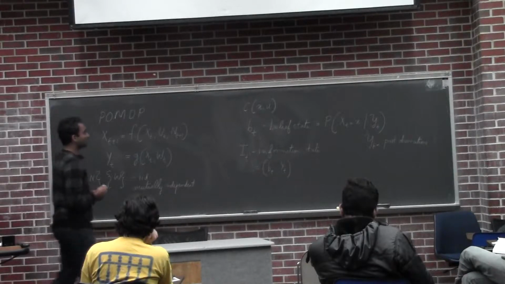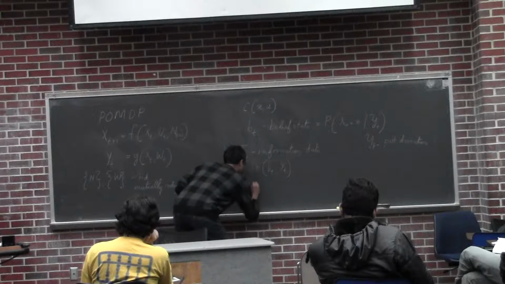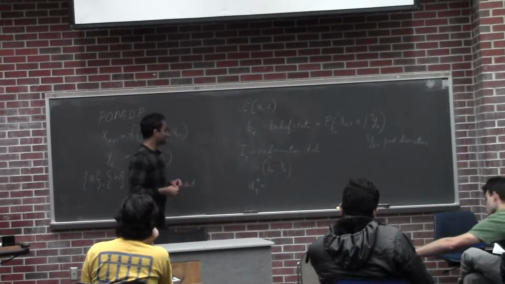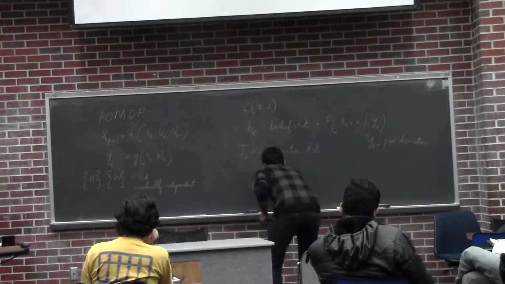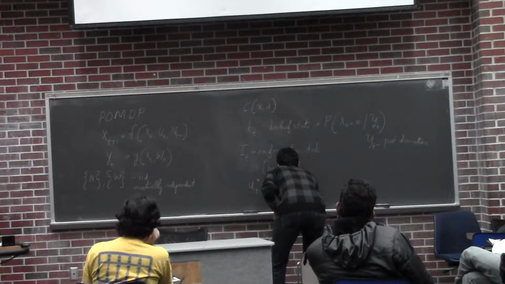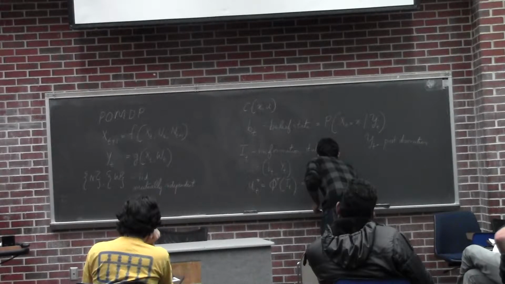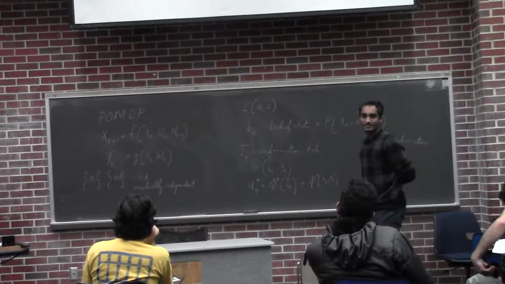And finally, our goal is to find an optimal policy, ut star, which in this case can be expressed as a function of the information state. Remember this?